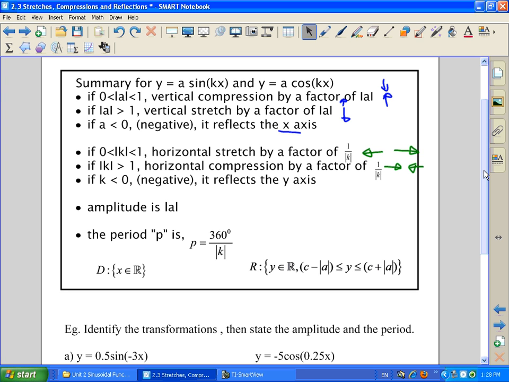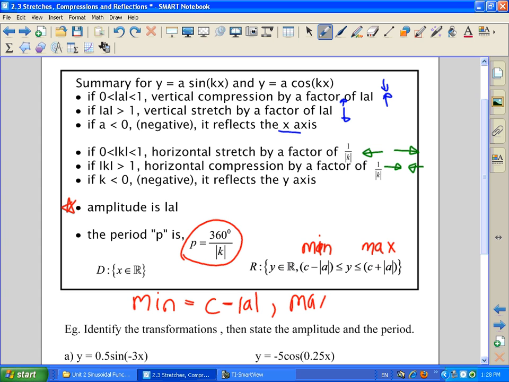All right, so new things we should remember and commit to memory: the amplitude is the absolute value of A, and your period is 360 degrees divided by the absolute value of K. Now that we've dealt with A, when we look at our range, it's from our minimum to our maximum. Our minimum equals our C value minus the absolute value of A, and our maximum equals C plus the amplitude.